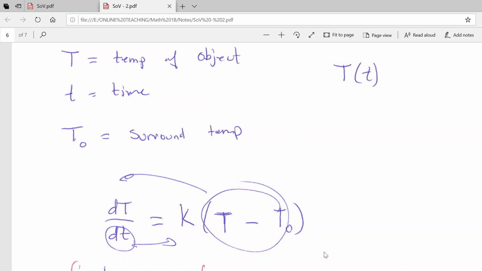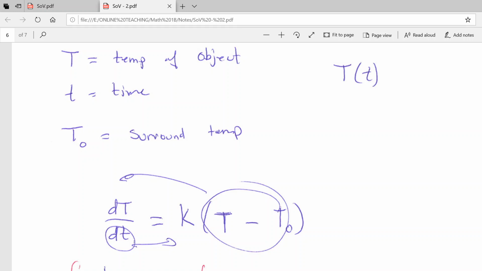Now we separate variables, so I'm going to divide by T minus T naught. So I get 1 over T minus T naught, dT. I'm going to leave the k over here, and then I'm going to multiply by dt, and I have k dt. You may ask, why didn't you take the k over to this side?